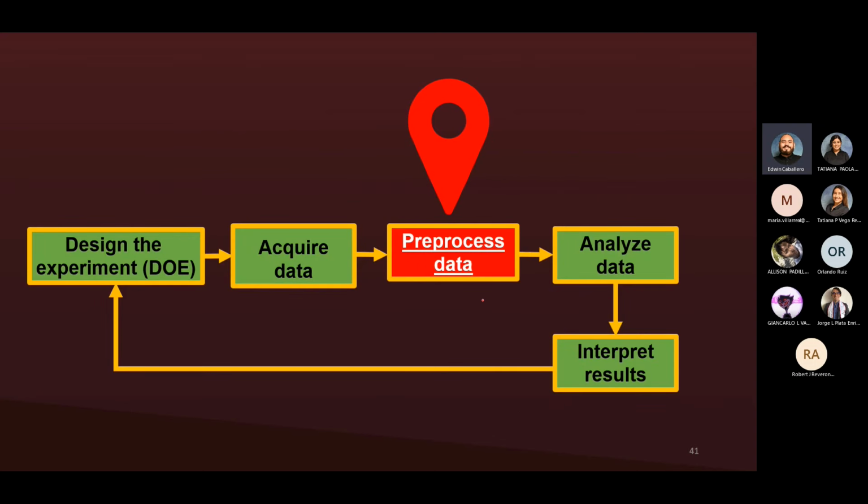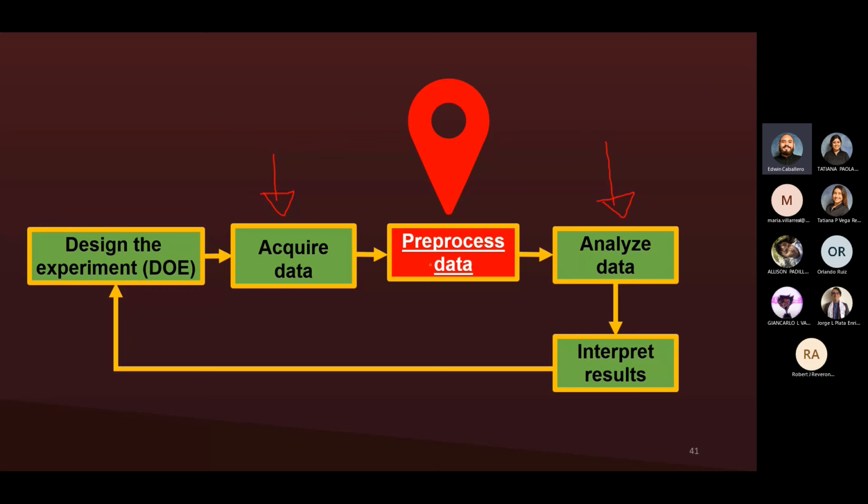Normally, when you pre-process your data, it's a process that you're going to do after you acquire data and before you analyze it. Usually in that middle range, you might also pre-process data after you analyze. That could also be a possibility. However, it's normally placed in this specific area.